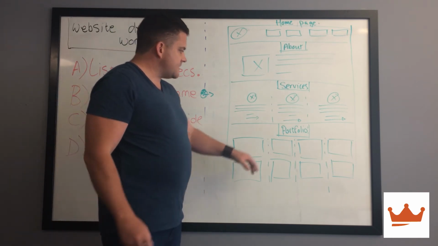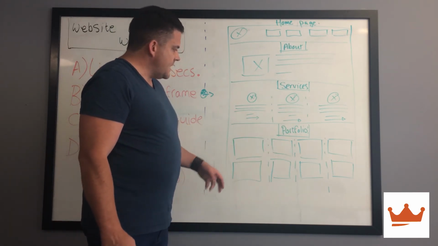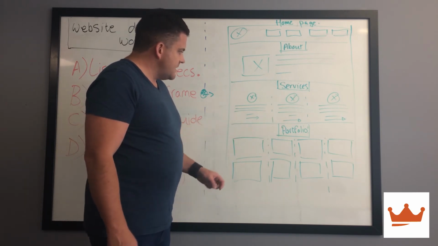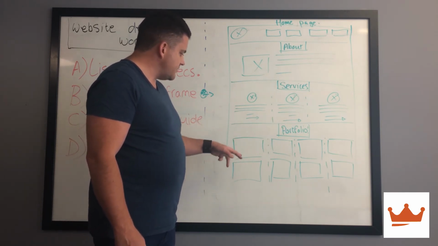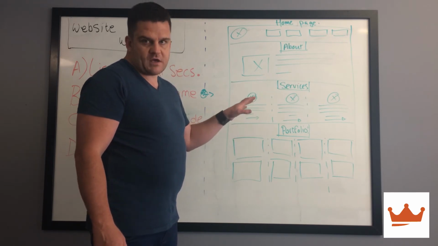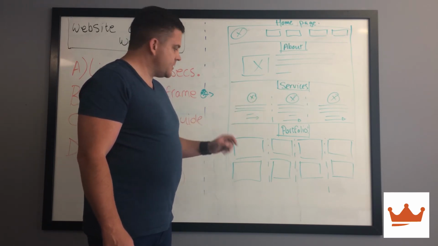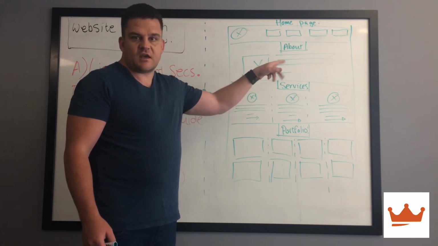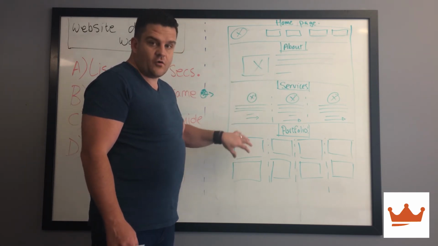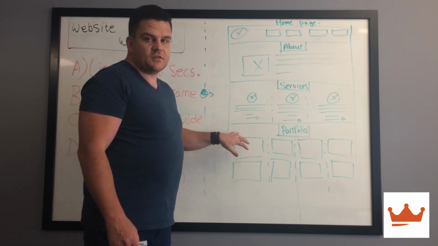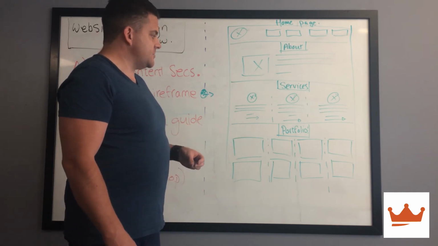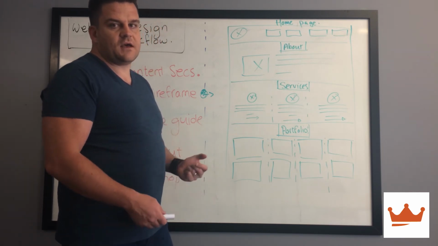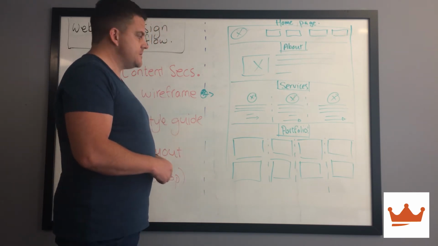And then underneath that directly is a portfolio, and our portfolio is represented by a grid of images and some text, and then the option of either clicking on it and a pop-up coming up showing the work, or some websites have a link directly to a separate page or a post for each item in the portfolio, where you can describe and talk a bit more about the project, the challenges, the brief, and the outcome, and better images on the project.